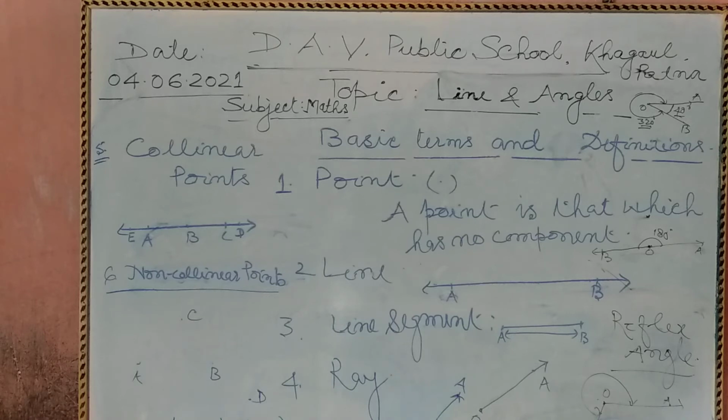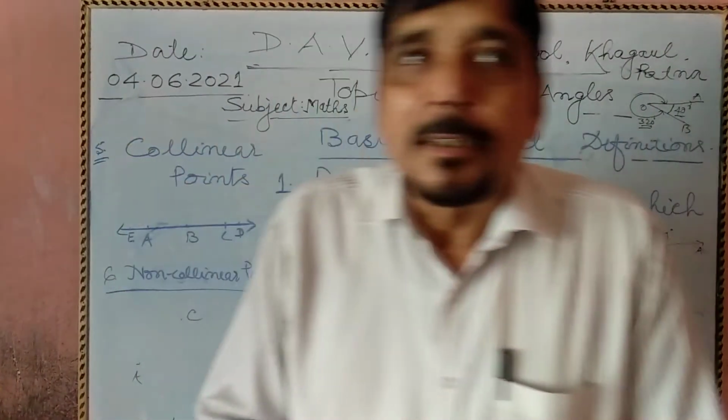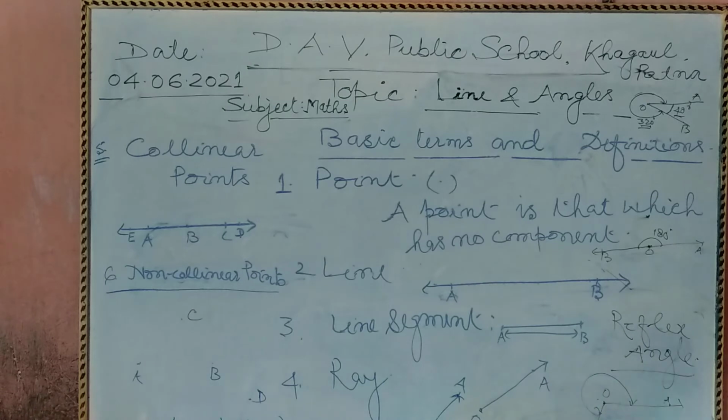Now next term is line. To draw a line, there should be at least 2 points. So if we join from one point to the other, it gives a line. After that, there are infinitely many points lying on that particular line.